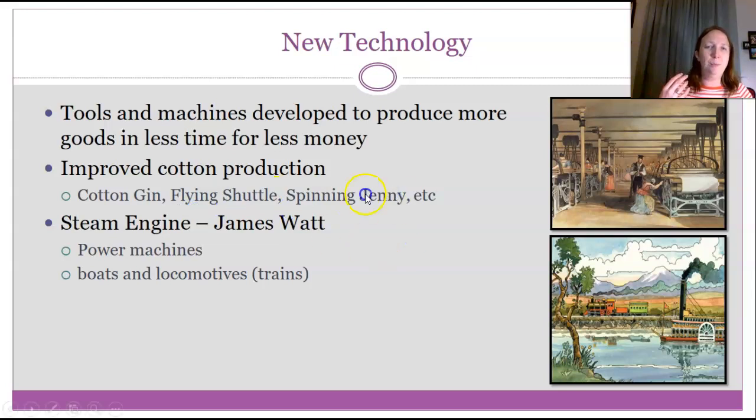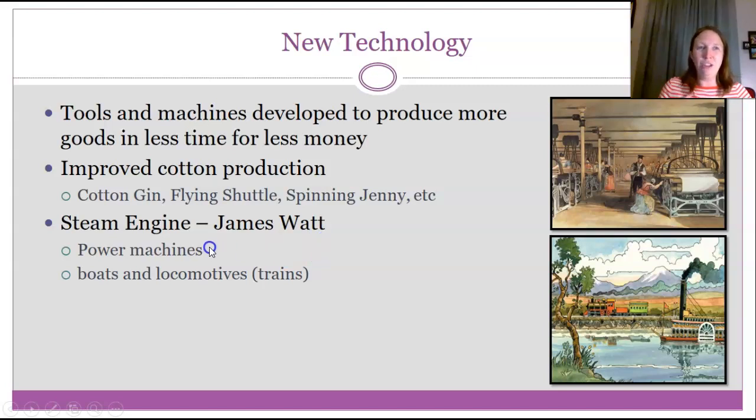The flying shuttle and spinning jenny, which you might be saying like, what? Without getting too technical, they were used to help weave cloth. And then the steam engine itself, okay? And this was invented by a man named James Watt. So he's a pretty important name in terms of the Industrial Revolution.